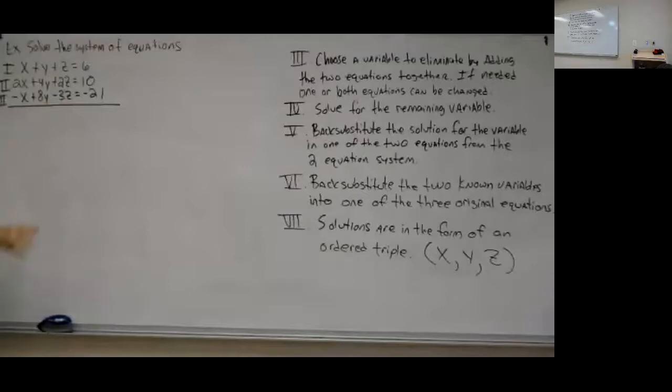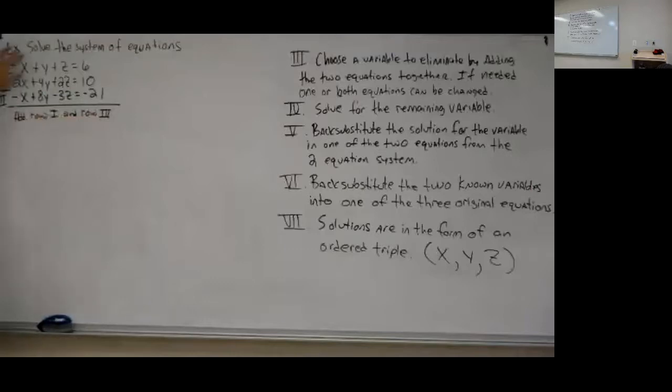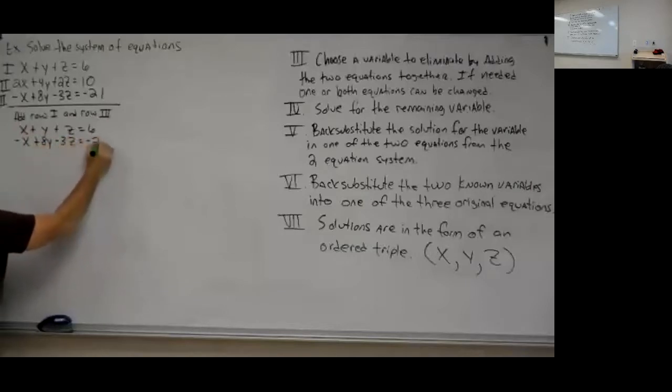So remember, I got to do this twice since I got 3 equations. So the first thing I'm going to do, I'm going to add row 1 and row 3. So I'm going to add the top one and the bottom one and get rid of the x's. So I got x plus y plus z equals 6, negative x plus 8y minus 3z equals negative 21.